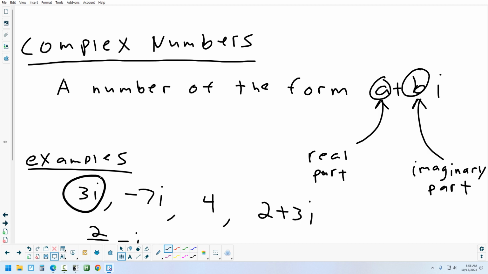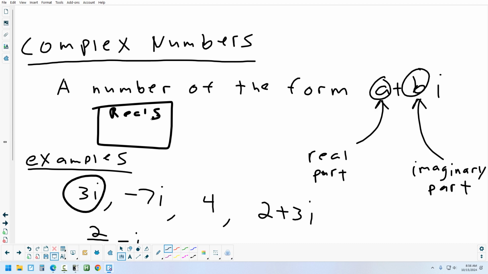So everything up here is a complex number. When we think of how imaginaries fit into the system of numbers that we know, right now we have real numbers. I think on the first day of class, I broke down all the real numbers: rational, irrational, then the integers, whole numbers, counting numbers.